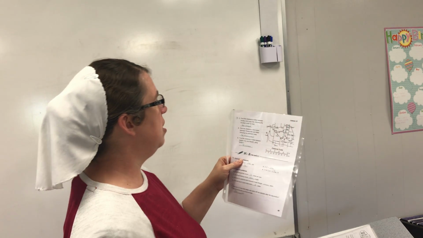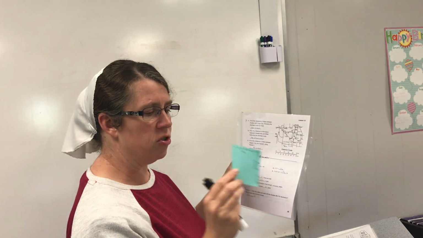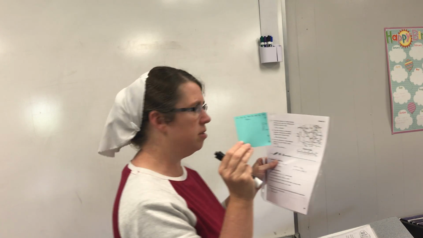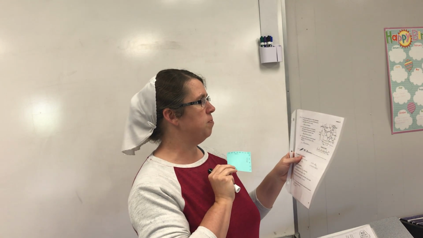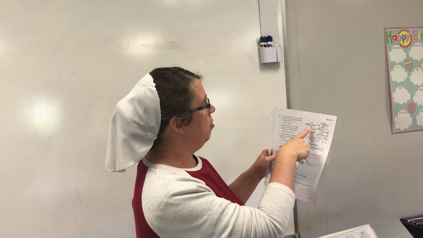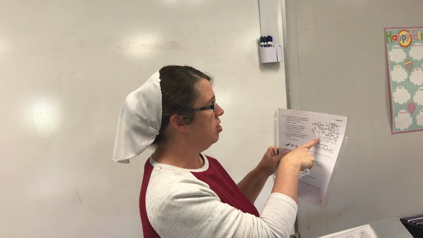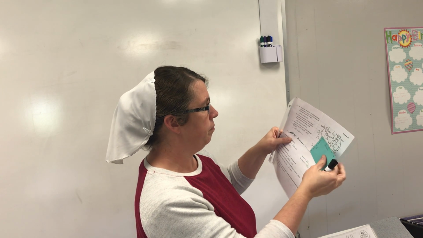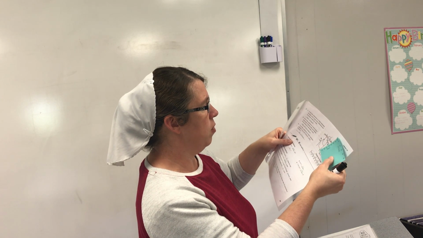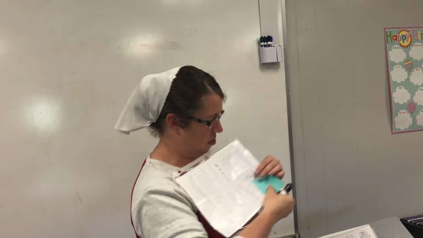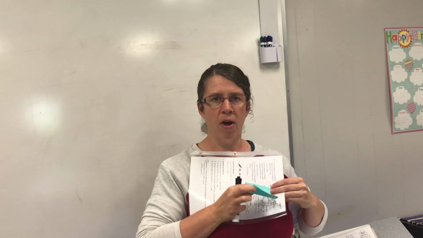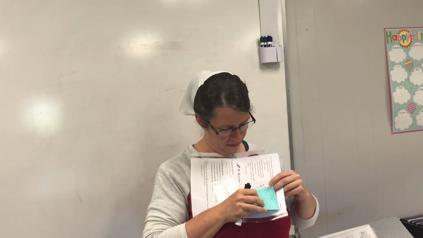Number 2 says find the distance in kilometers. So we're going to turn our paper to kilometers. Find the distance between Westerville, which is right there at that point, and Miller, which is down here at this point. Again, I'm going to put my paper just like this. I hope you guys can see this.